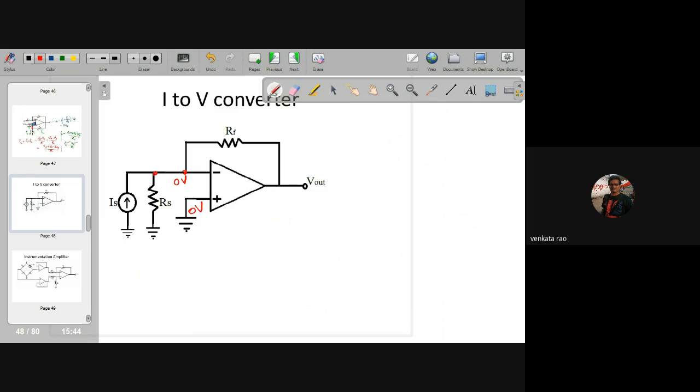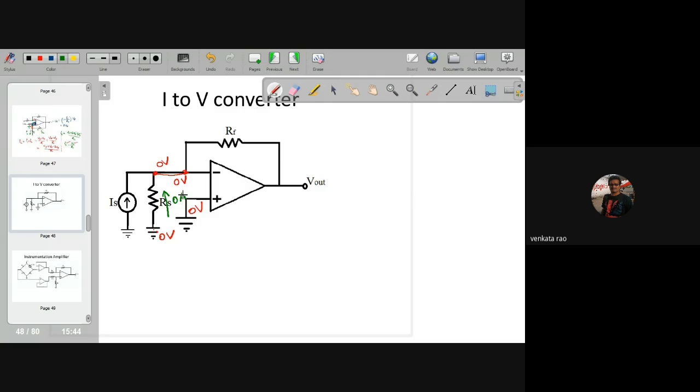The voltage at this point is also 0 volts, and it is grounded also 0 volts. Due to the same potential, current through this one is 0 amperes. Are you clear about this?